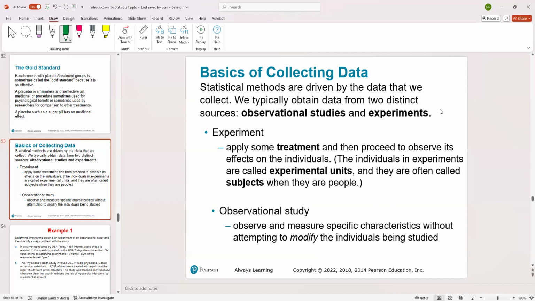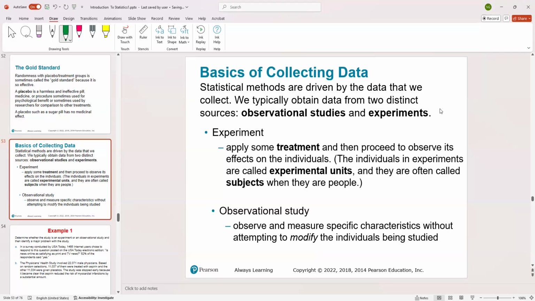But if there is no treatment imposed, it is observational. So as a definition, in an experiment we apply some treatments, and then proceed to observe their effectiveness on the individuals. The individuals in experiments we call experimental units, but if it's about people, we call them subjects.